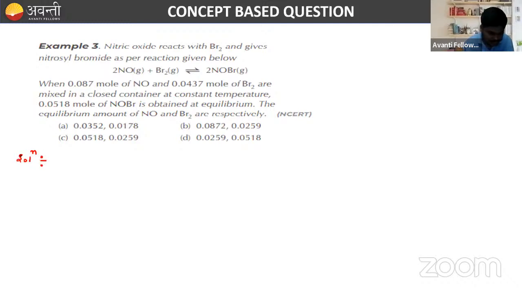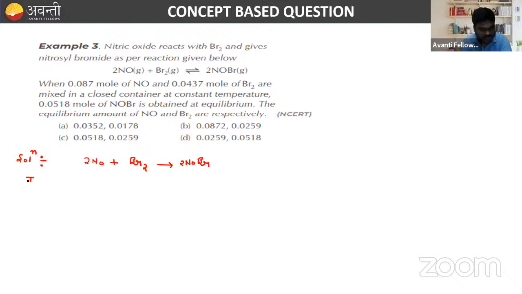Let's see what the reaction is: 2NO plus Br2 gives us 2NOBr.